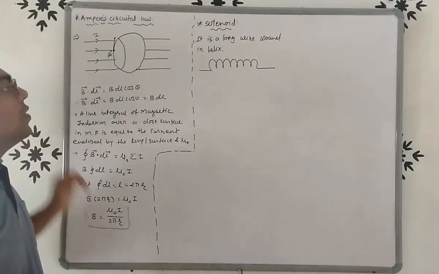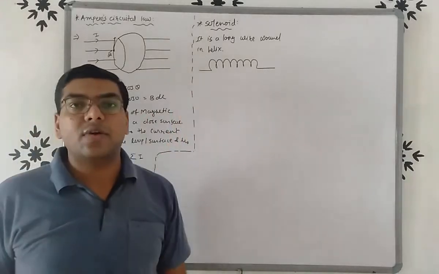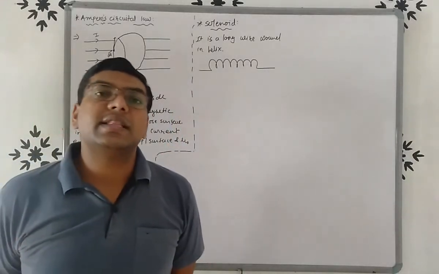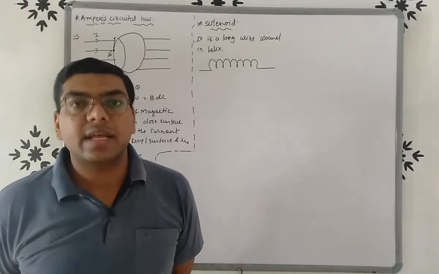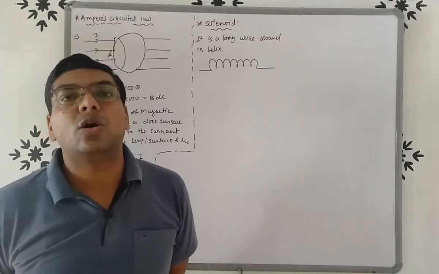Now if the length of this solenoid is greater than the radius of the solenoid, then the solenoid is known as a long solenoid.